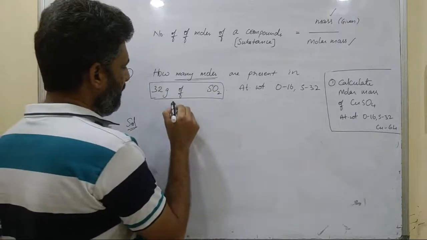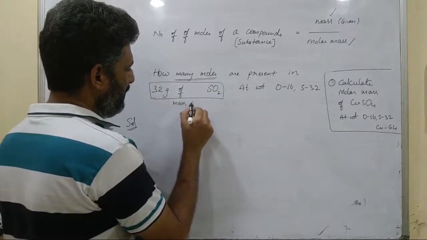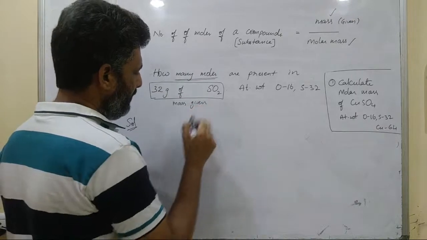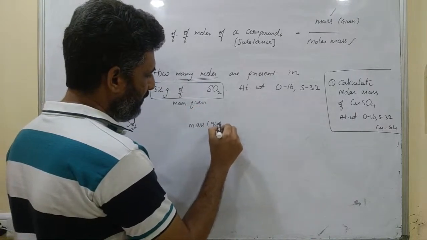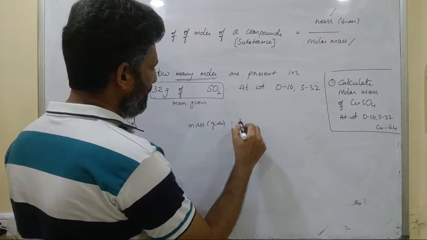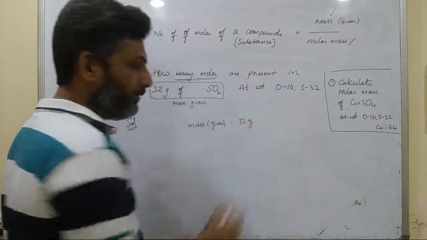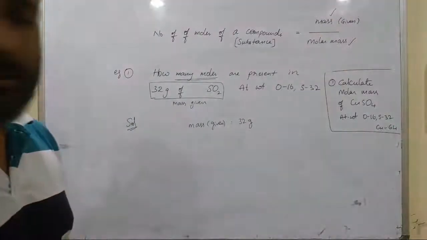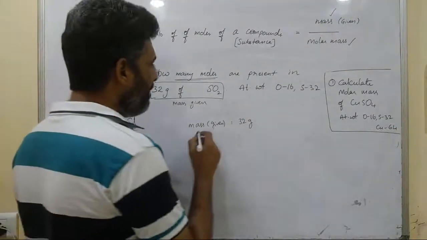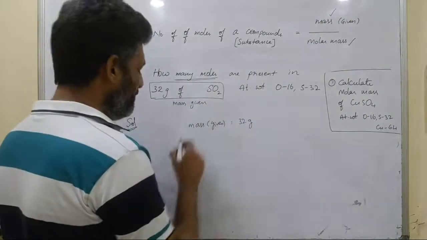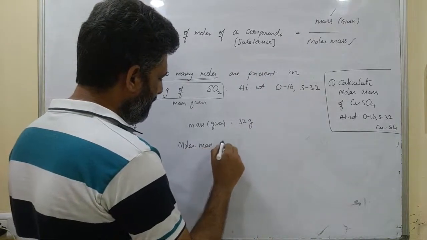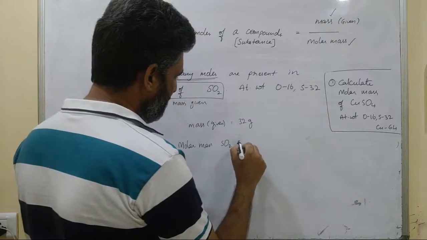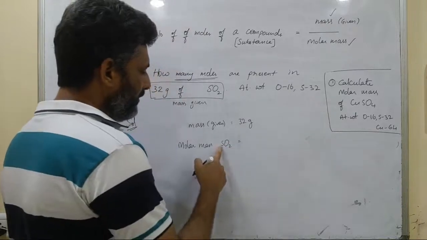So this is the given mass. So mass which is given is 32 grams. From this we can find molar mass. Molar mass of sulfur dioxide is equal to one sulfur atom.